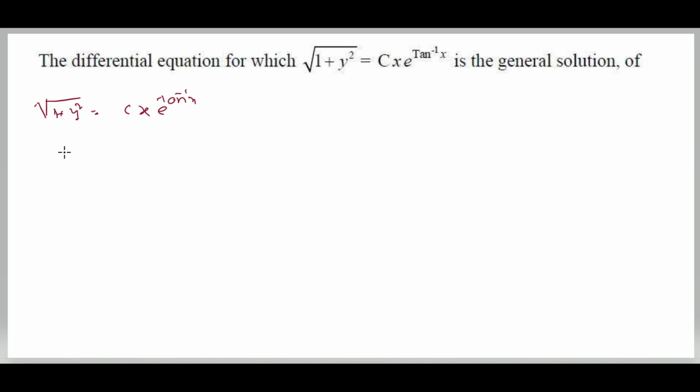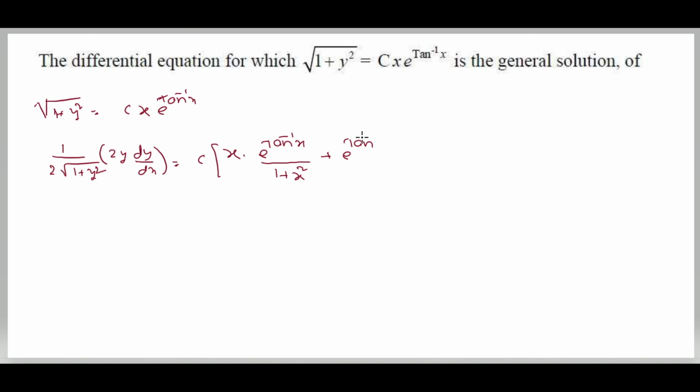The root 1 plus y square differentiation, that is 1 by 2 root 1 plus y square into 1 plus y square derivation. 1 is 0, y square derivation 2y into dy by dx is equal to c into x into e power tan inverse x. It is in the form of uv, that is x into e power tan inverse x derivation, e power tan inverse x into d by dx of tan inverse x, that is 1 by 1 plus x square plus e to the power of tan inverse x into x differentiation 1.